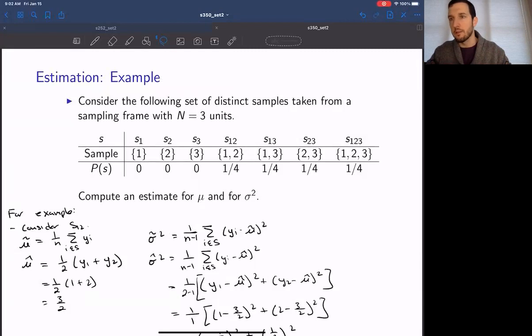For example, on the slide here, if we have capital N equals 3 units available to us, and we call these units 1, 2, 3, or Y1, Y2, Y3, then there are 7 different possible samples that we could observe. We have 3 samples with 1 element, 3 samples with 2 elements, and 1 sample with 3 elements. And then we defined some estimators.